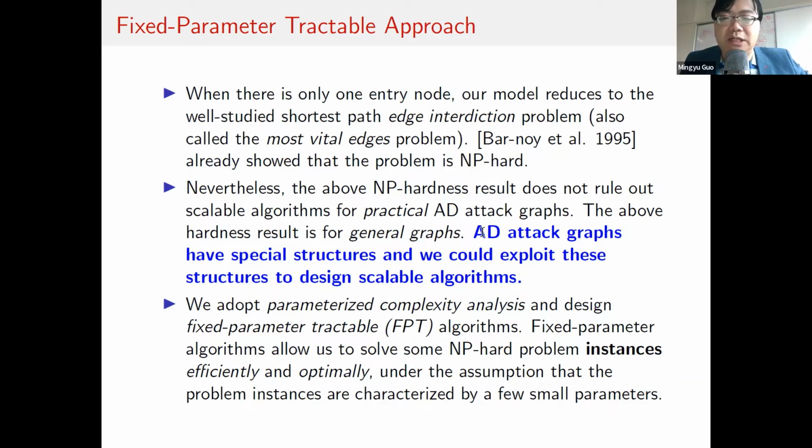So that's why our approach falls into the category of fixed parameter analysis.